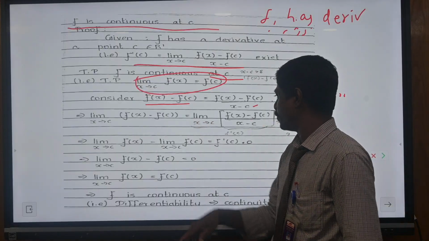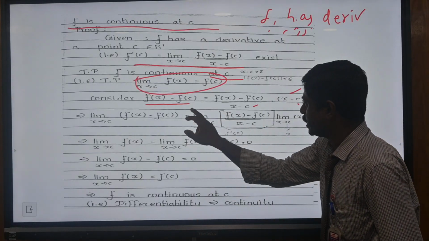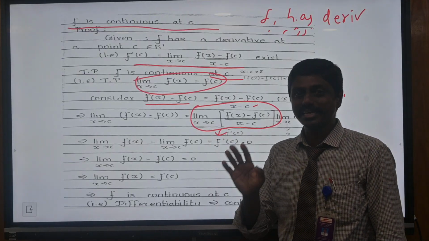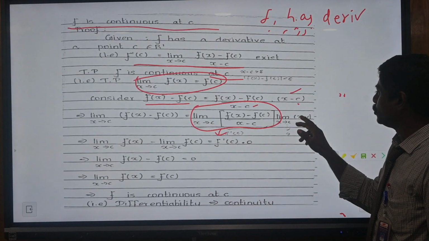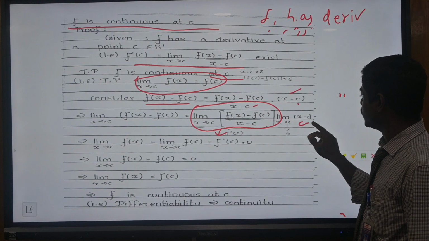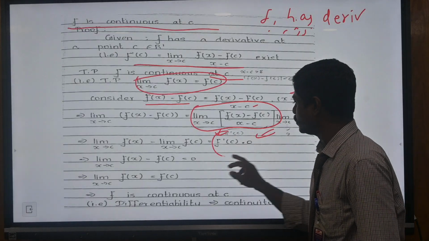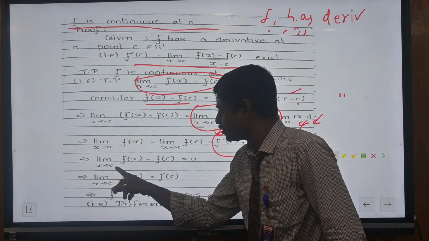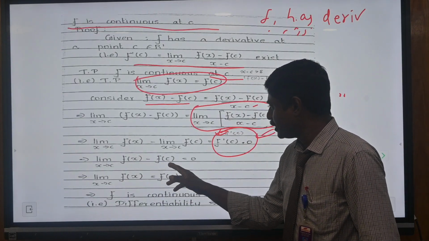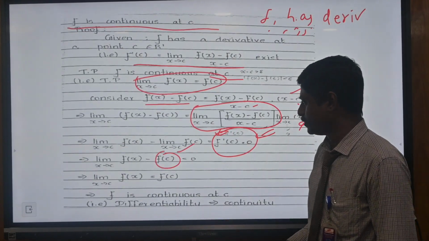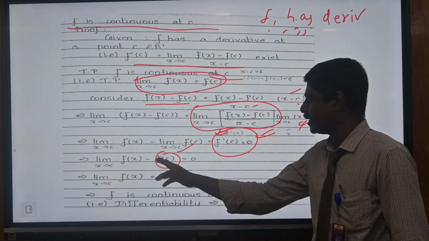So this portion is nothing but f dash of C by the definition of derivative. When you substitute C into the other factor, C minus C becomes 0, so the RHS becomes 0. So the limit as x tends to C of f of x minus f of C is 0, and when you take the limit, you get f of C. Again we take it to the right hand side, minus becomes plus.